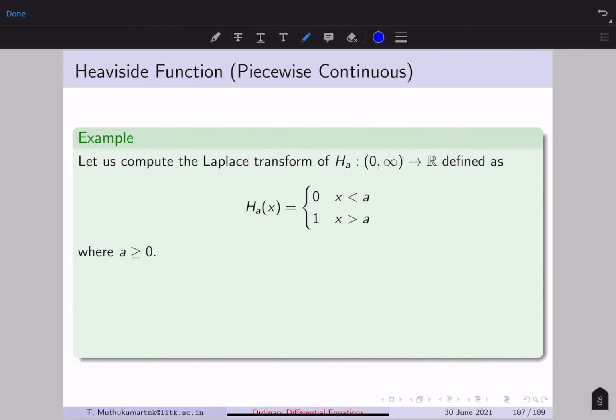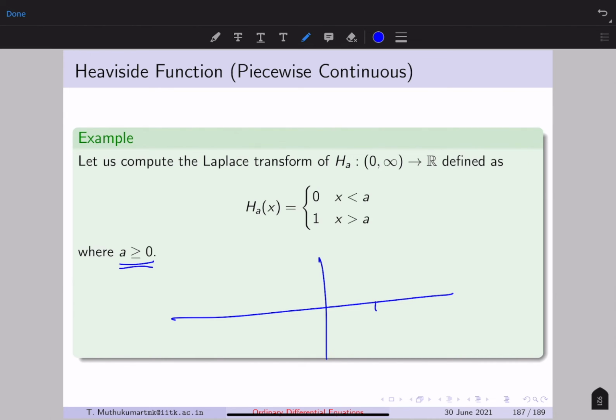So since we have already said that the piecewise continuous function also admits a Laplace transform, let's as an example compute the Laplace transform of a piecewise continuous function. This is an example of the Heaviside function. Here we have taken a, so a is greater than or equal to 0.